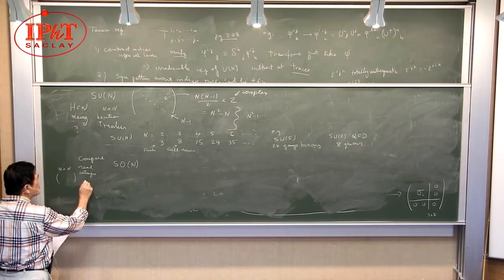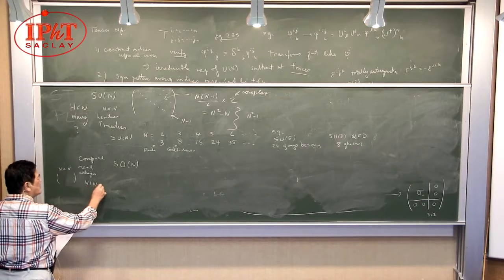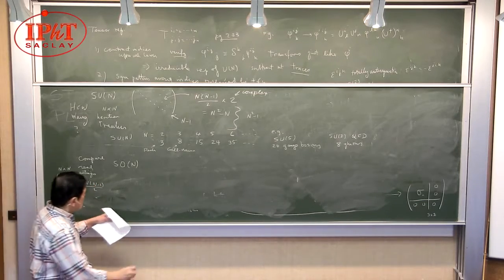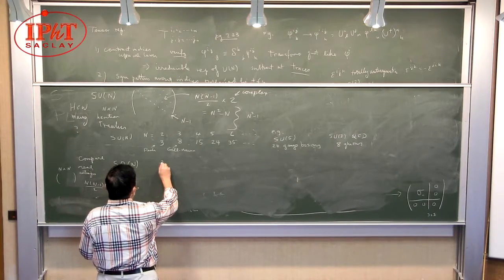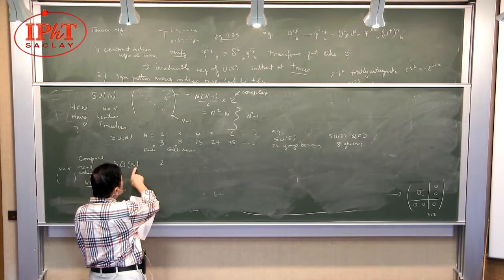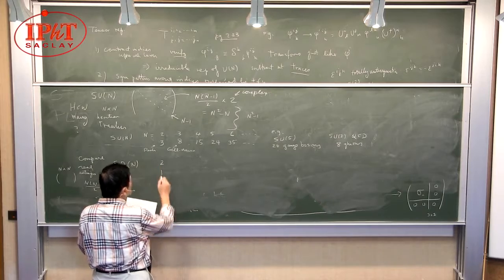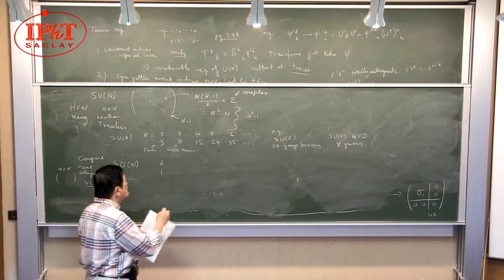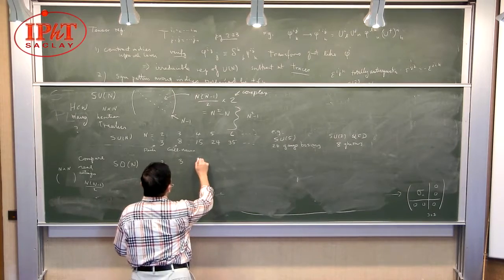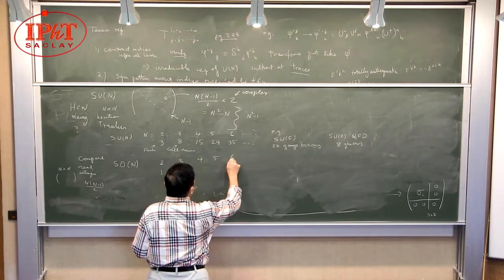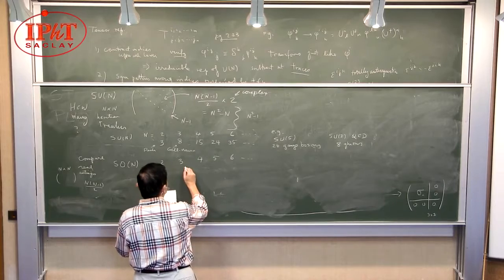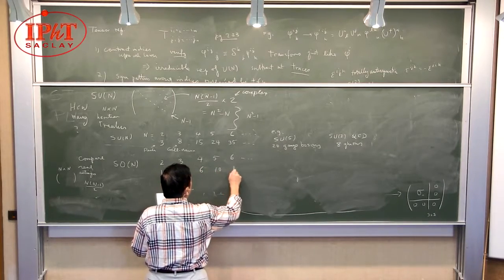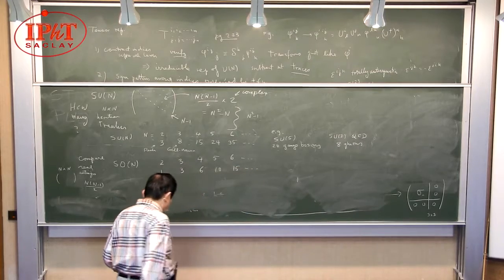So the number of such matrices is n times n minus 1 over 2. Okay, so for n equal to 2, which is the trivial case, SO(2), of course there's only one such matrix, that's rotation around the fixed axis, and 3, 4, 5, and 6. So this is 3, 6, 10, 15, and so on.